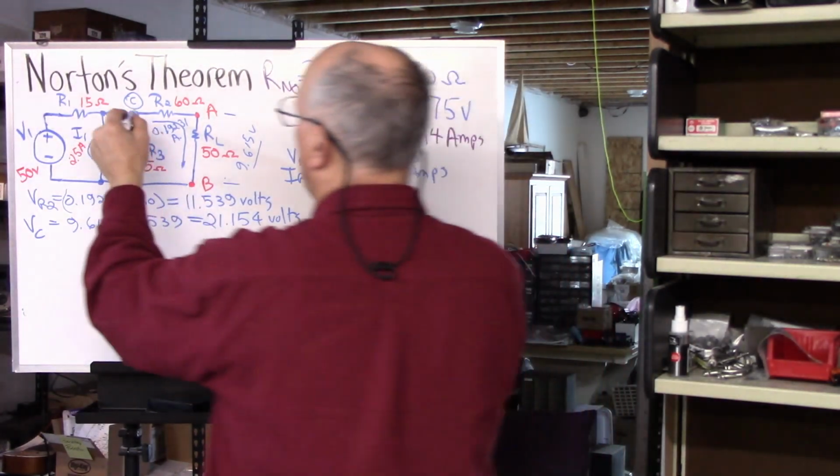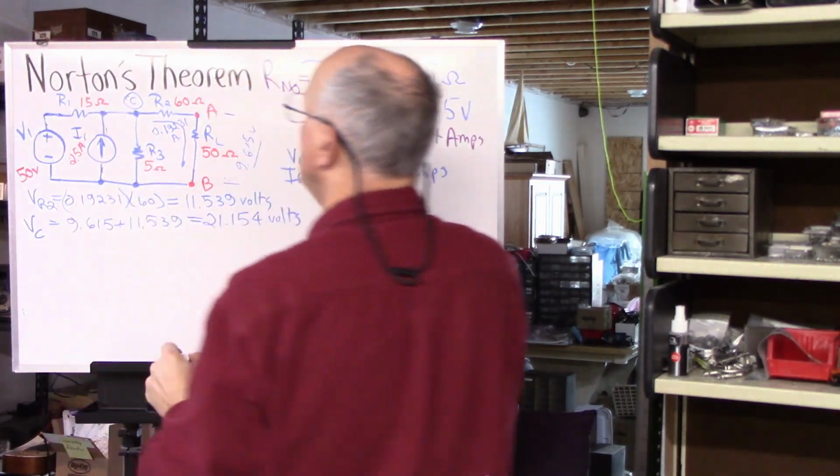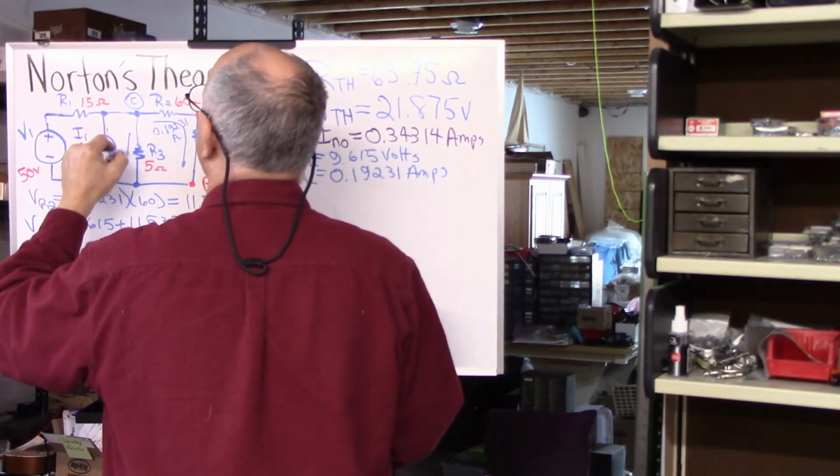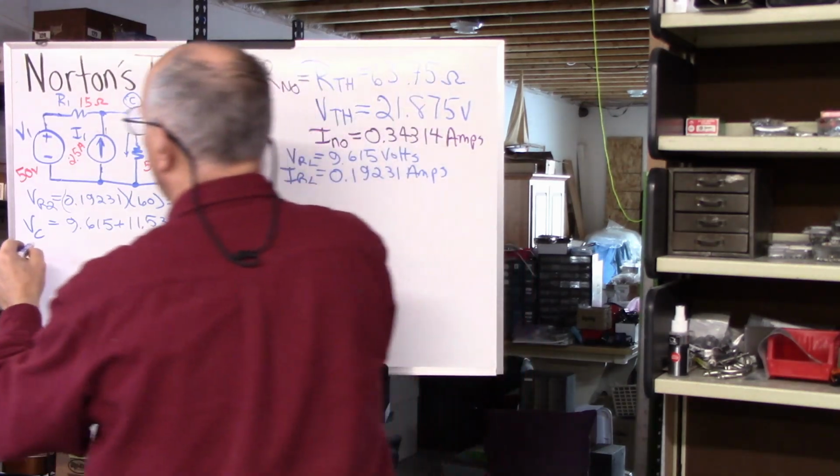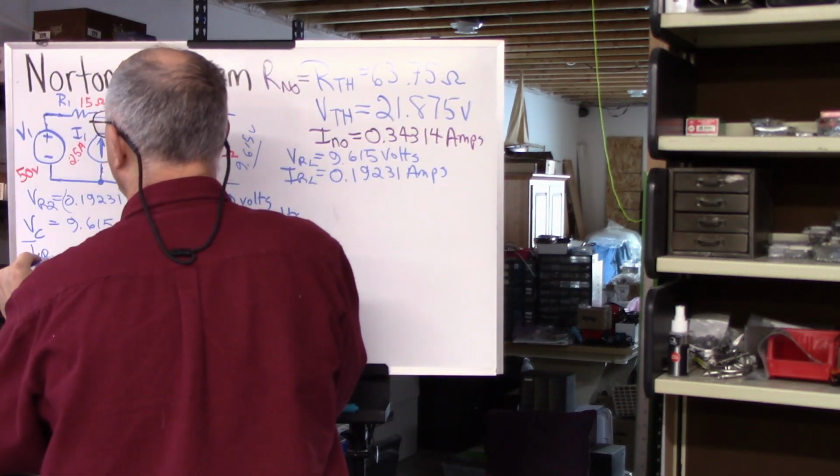So now we know the voltage at this point. We now can calculate the current through R3.